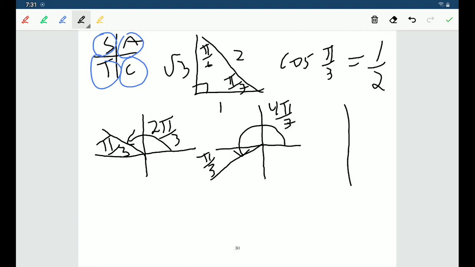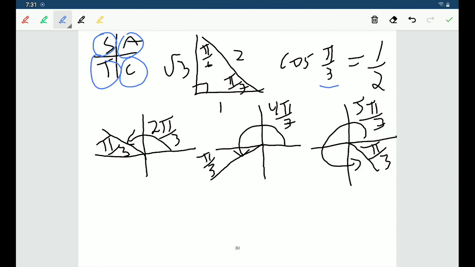And in quadrant 4, at 5 pi over 3, that's also where cosine will be equal to positive a half. So I have two angles where it's equal to positive a half, pi over 3 and 5 pi over 3, and two angles where cosine is equal to negative a half, that's 2 pi over 3 and 4 pi over 3. So those are the four angles between 0 and 2 pi.